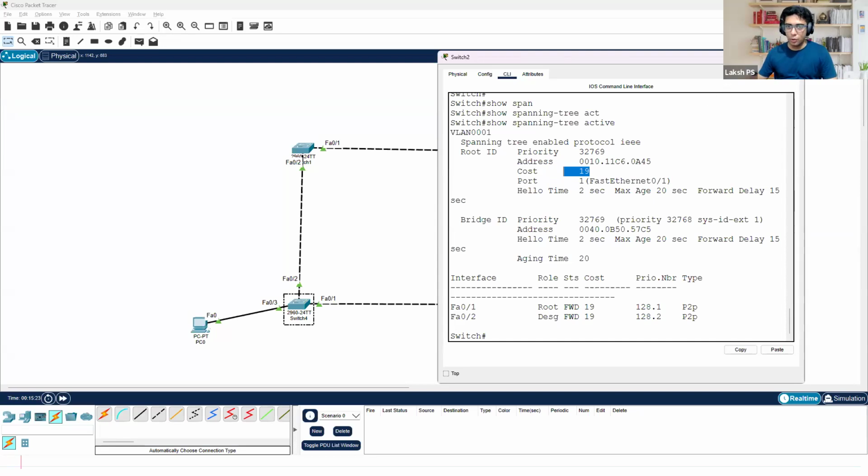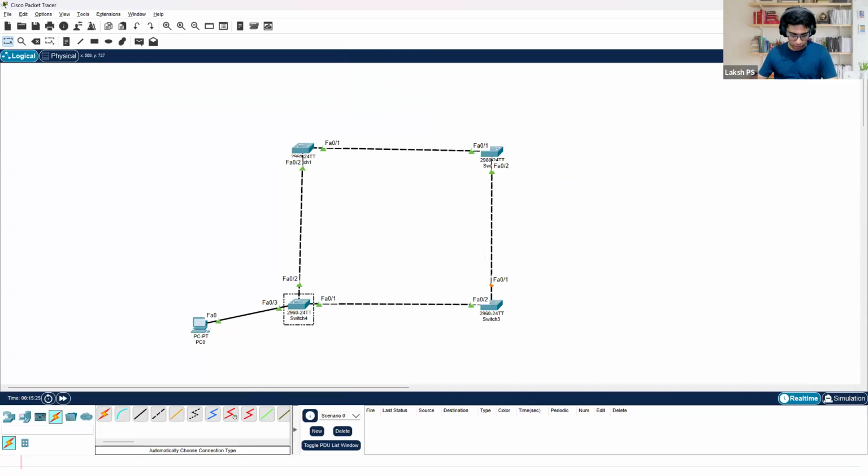All right. So the root switch is elected. Let me note that down. This is the root switch.